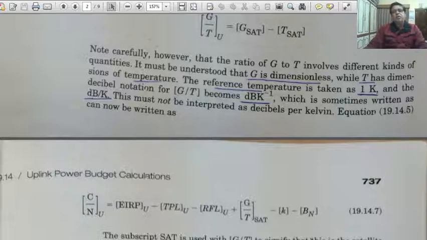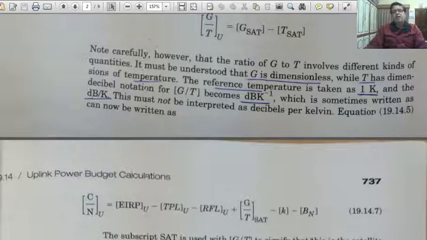It must be understood that capital G is dimensionless, while T has dimensions of temperature.